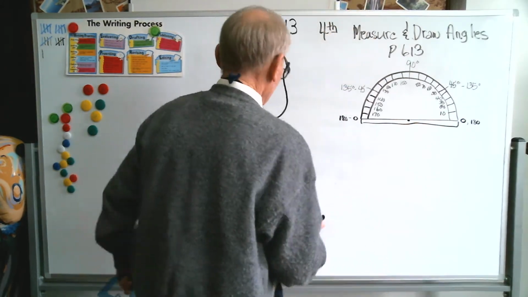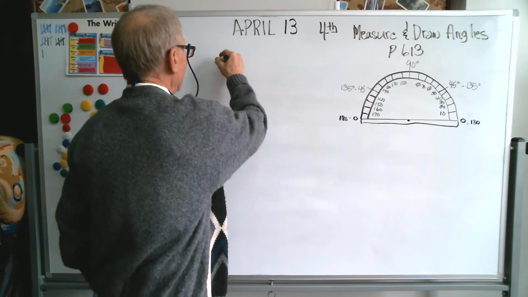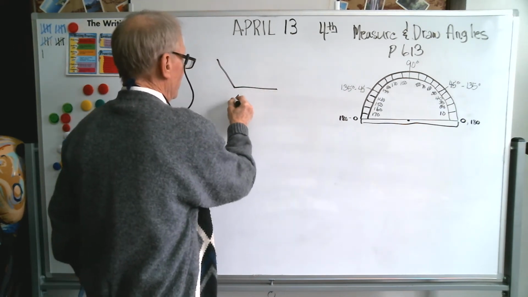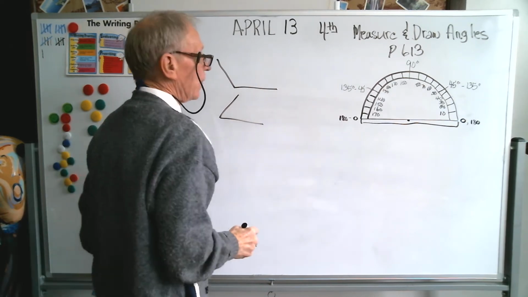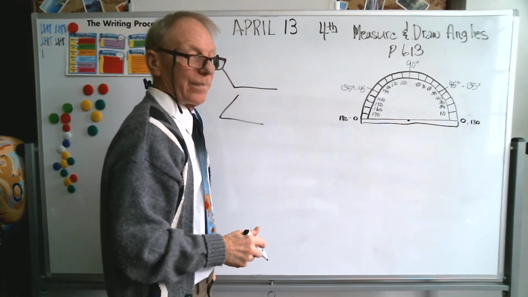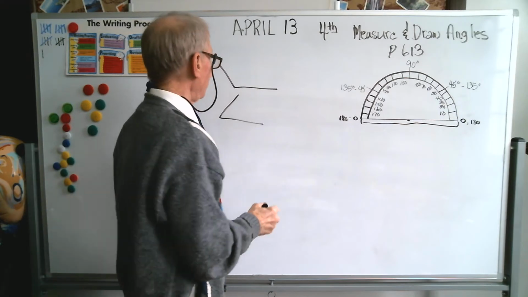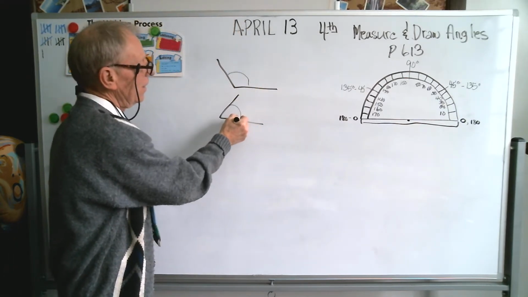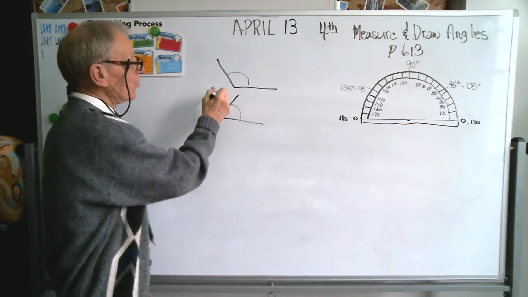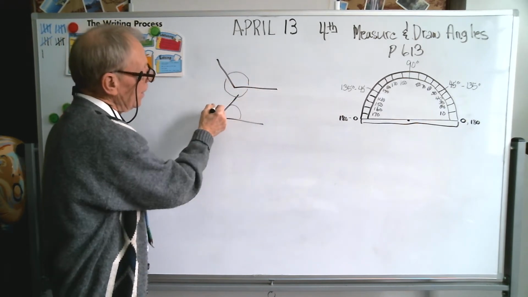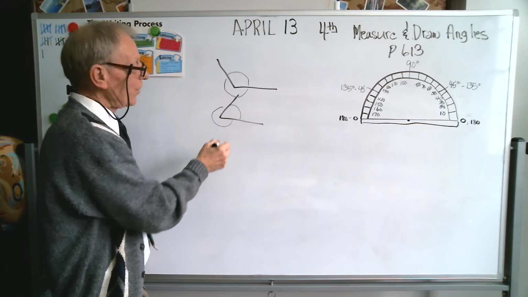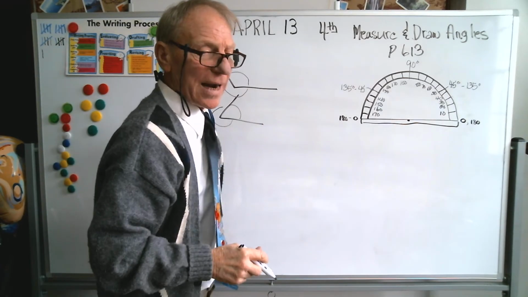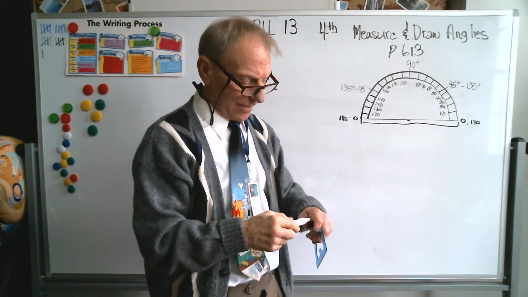Because angles can be obtuse or acute. And sometimes we need to know this angle, and sometimes we need to know the outer angle. So you have an inner angle and an outer angle, and you use a protractor to measure that.